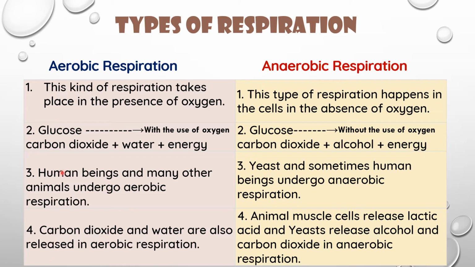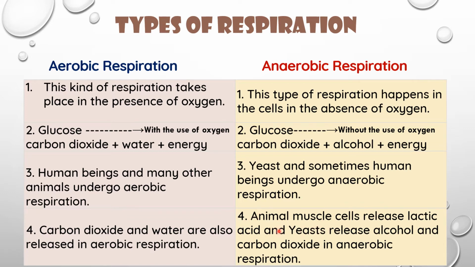And next, in aerobic respiration, carbon dioxide and water are also released along with the energy. The same point is repeated here. But in anaerobic respiration, animal muscle cells release lactic acid, and yeast releases alcohol and carbon dioxide. Animal muscle cells release lactic acid, which we will discuss later.